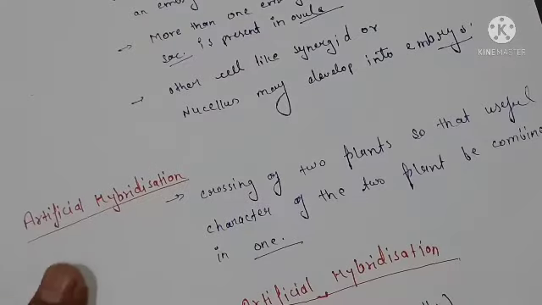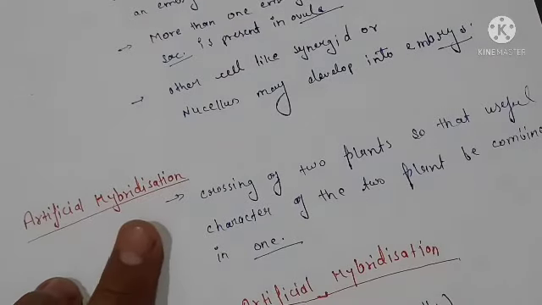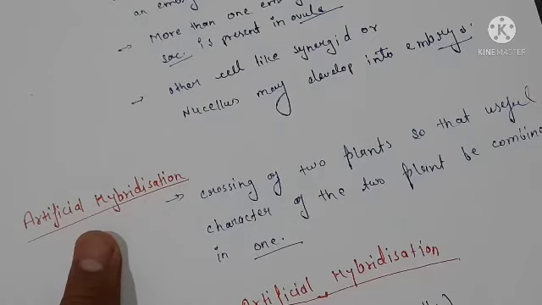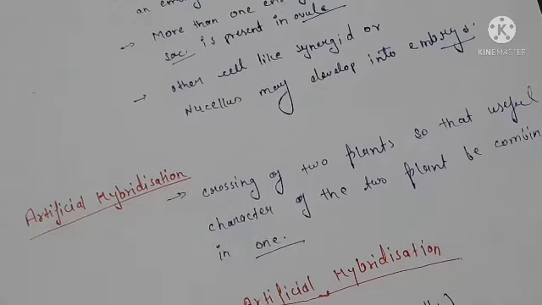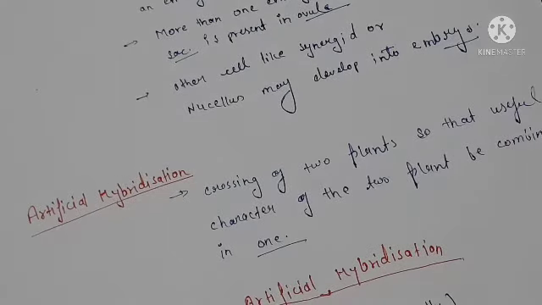Now we will discuss artificial hybridization. What is artificial hybridization? In artificial hybridization, friends, crossing of two plants takes place. Why does crossing take place? To get the desired quality in a plant.